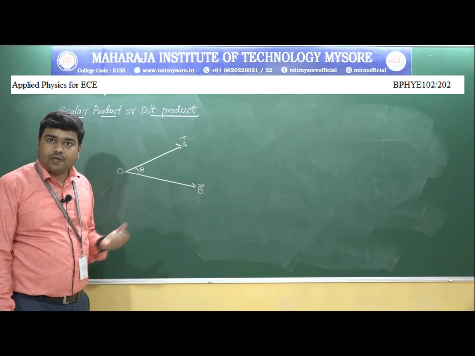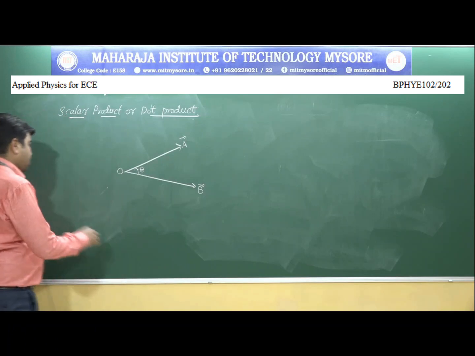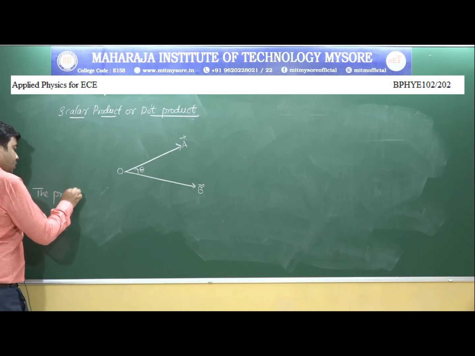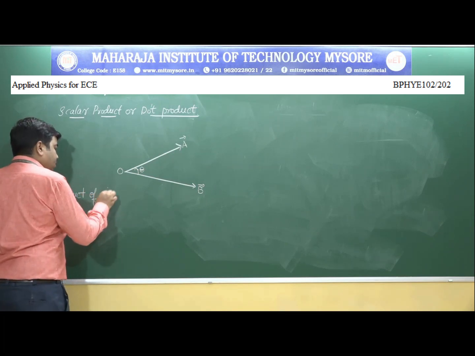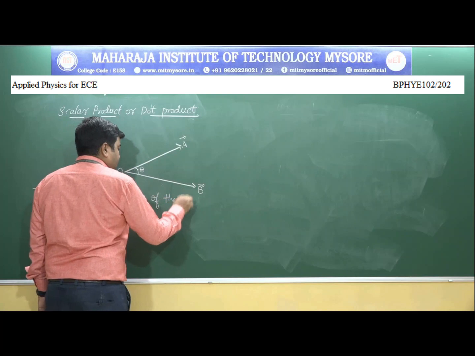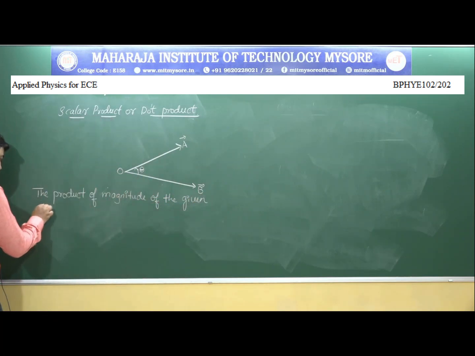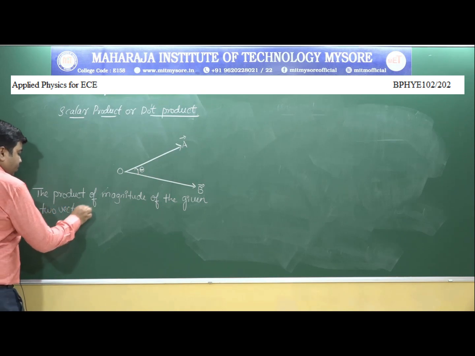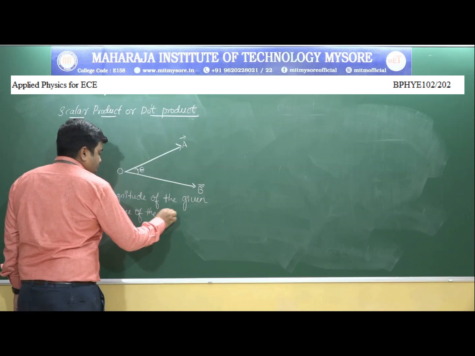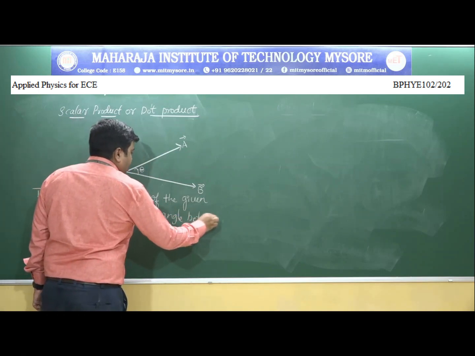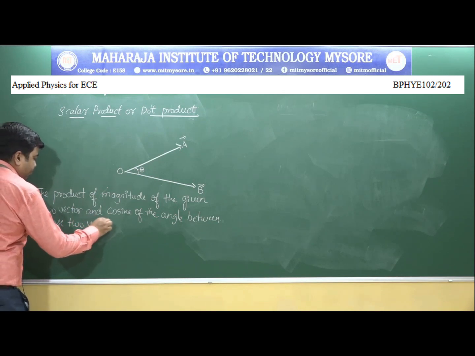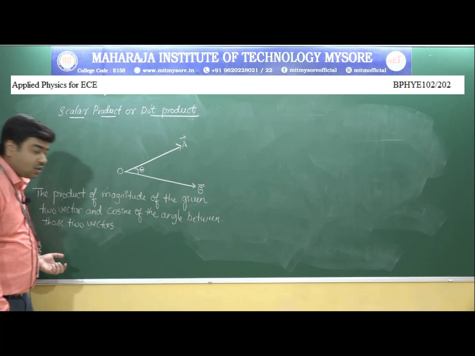Then if you have to find the scalar product of the two vectors, the scalar product can be defined as the product of the magnitudes of the given two vectors and the cosine of the angle between those two vectors. So this is how we can define the scalar product.